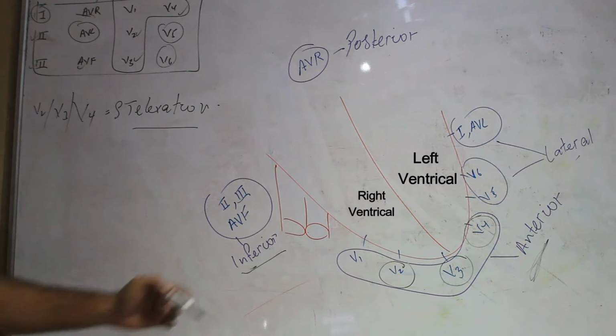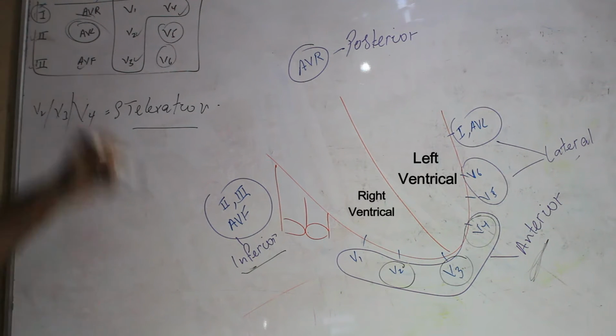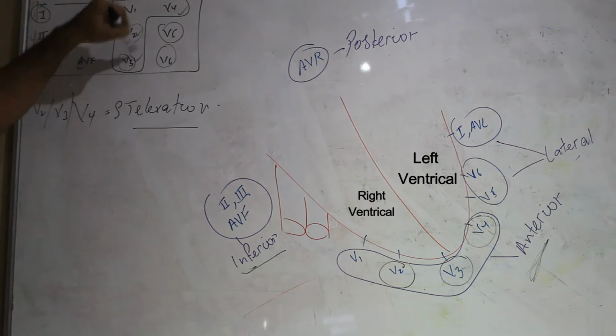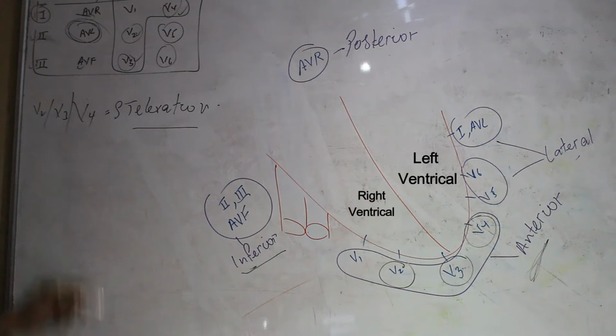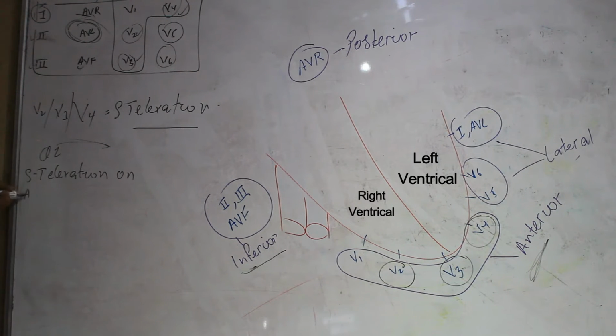Now let's say you have an ST elevation in your AVL, and your V2, V3 and V4. This is a new question, Question 2. You have ST elevation on AVL, V2, V3, V4.